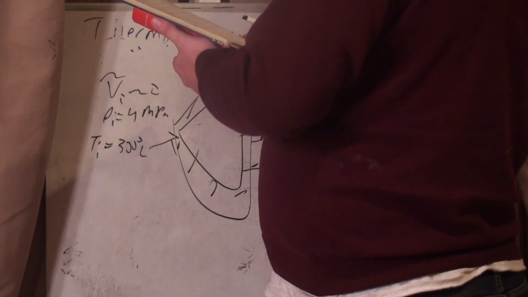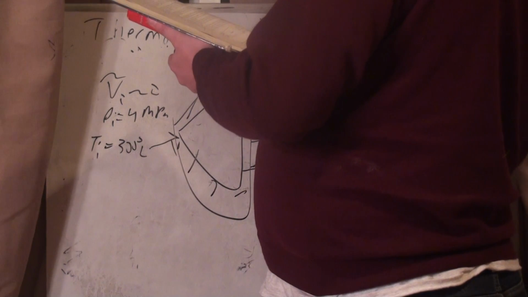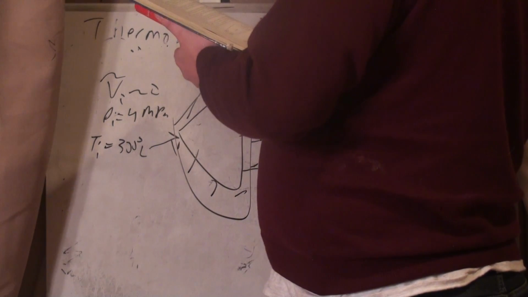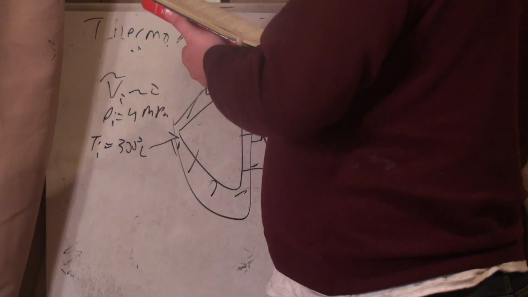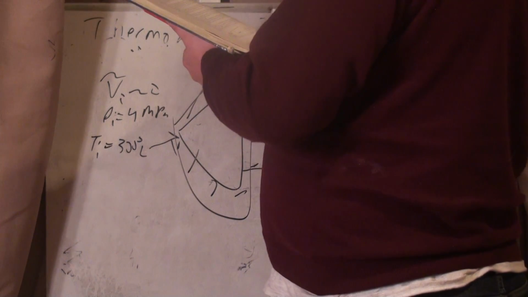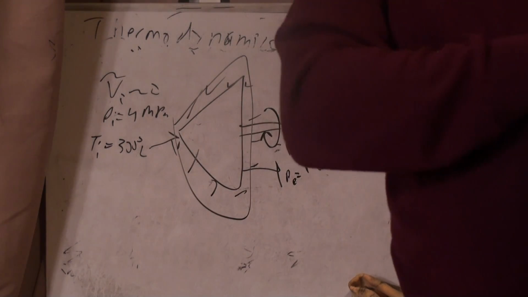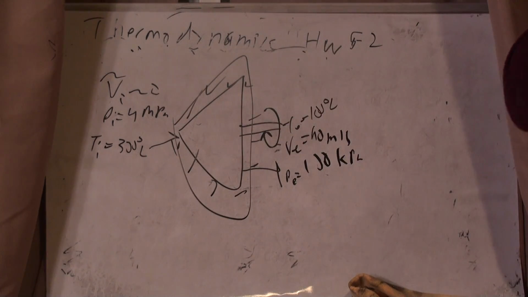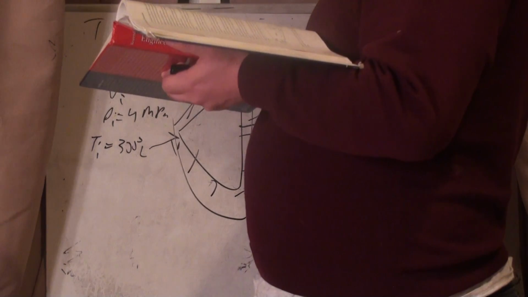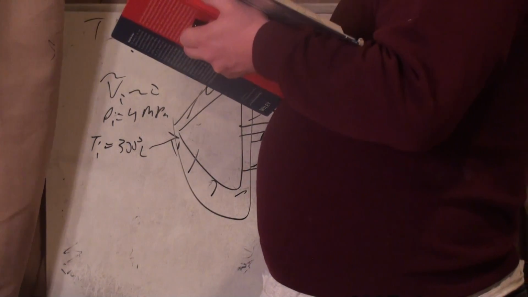The exit velocity V squiggly exit is about 90 meters per second, and the temperature exit is at 100 degrees Celsius. So it drops about 200 degrees Celsius. The diameter of the exit is equal to 0.6 meters.